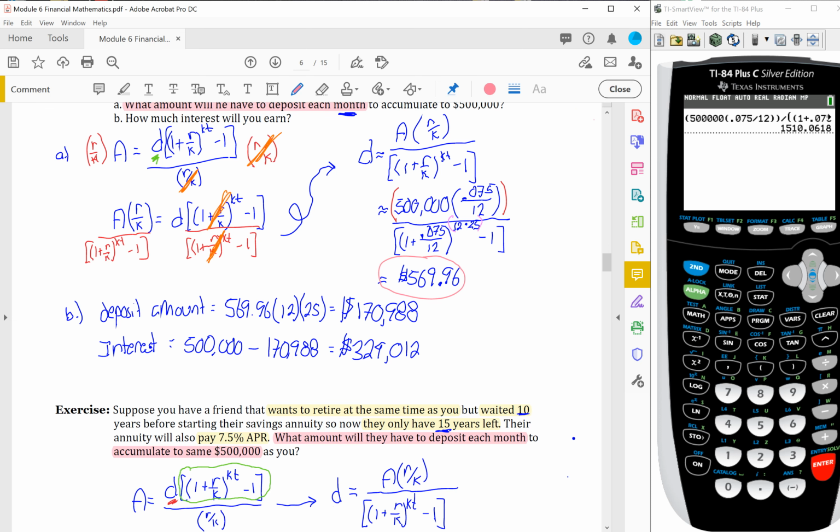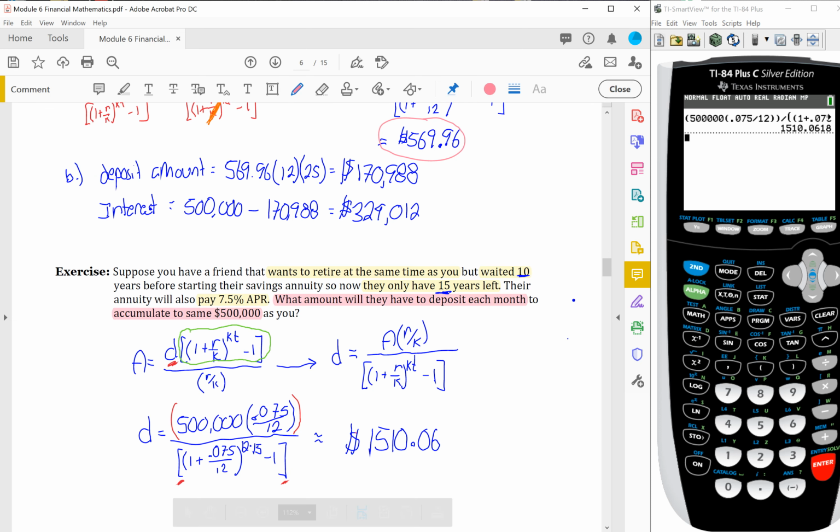However, because your friend waited to start their retirement account, they now have to deposit $1,510 every month. This is considerably more. And the reason is, well, they didn't have that 10 years of time to benefit from. Because they waited 10 years, they obviously have to deposit more.